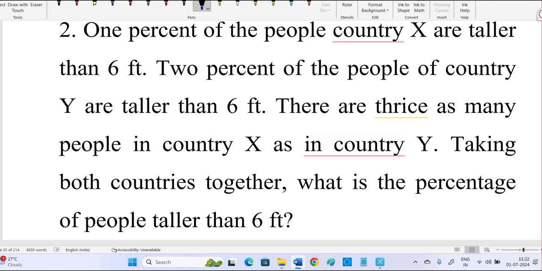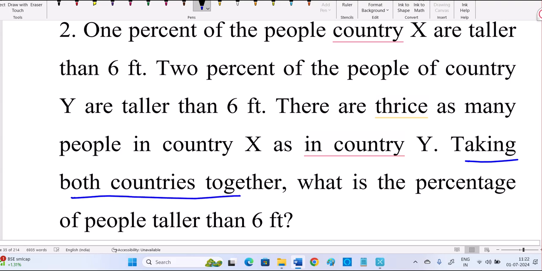There are thrice as many people in country X as in country Y. Taking both countries together, you are combining both countries. What is the percentage of people taller than 6 feet?